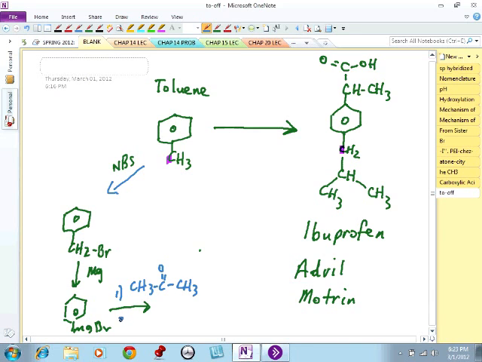So this might be your chance to design a new synthesis scheme for Advil, right? Then follow that up with what? Acid. Okay, so where does that take us? We form what kind of product? A tertiary alcohol. Excellent. We form a tertiary alcohol.